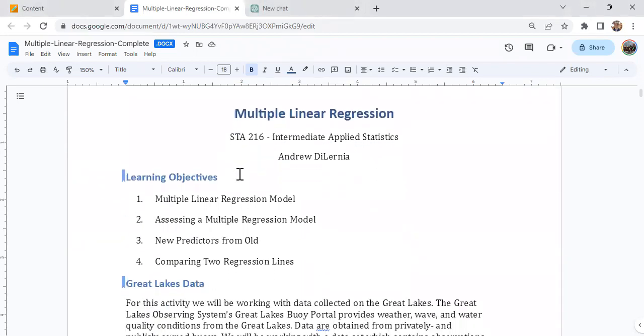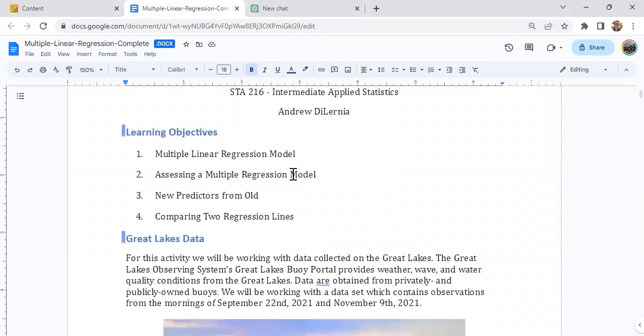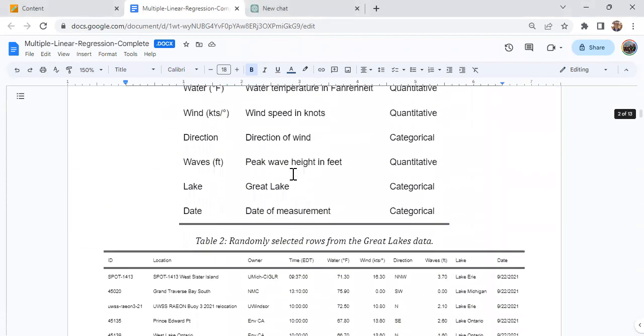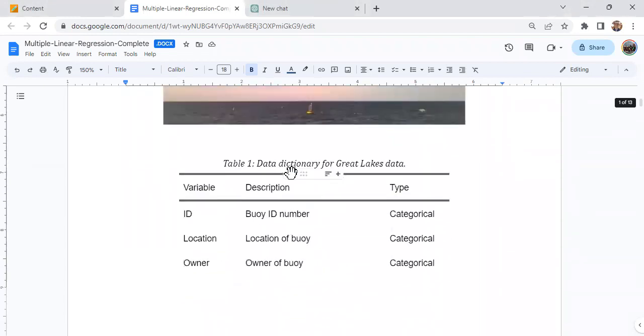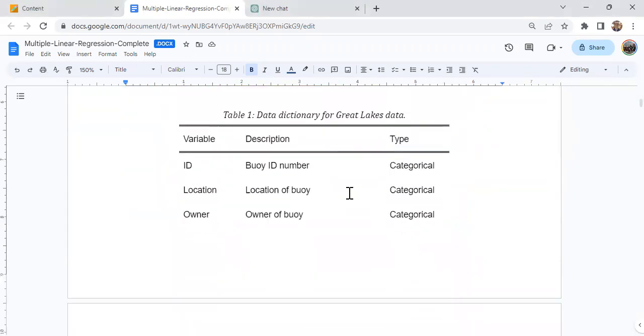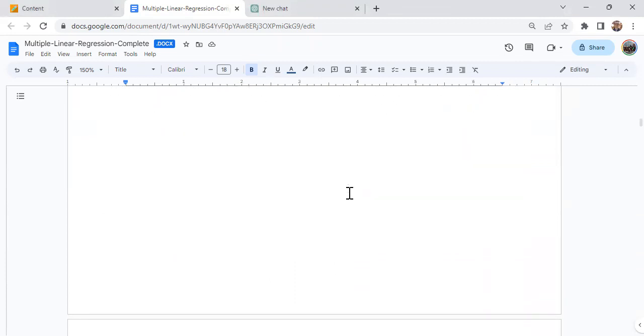So today we're going to continue with the multiple linear regression activity here. As a reminder, we were working with this data set on the Great Lakes, collected from this network of buoys around all the different Great Lakes, and they collect a lot of data.